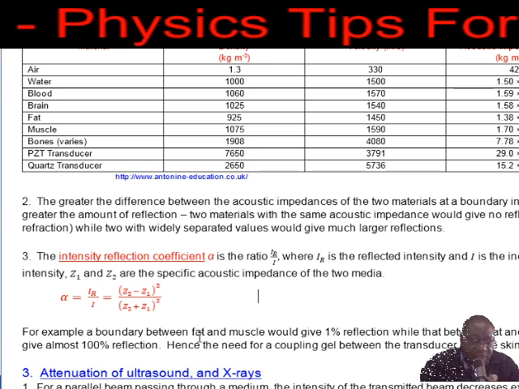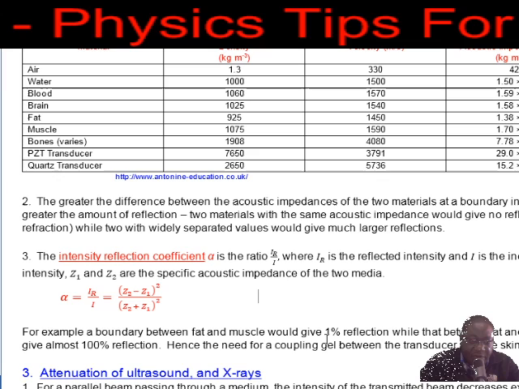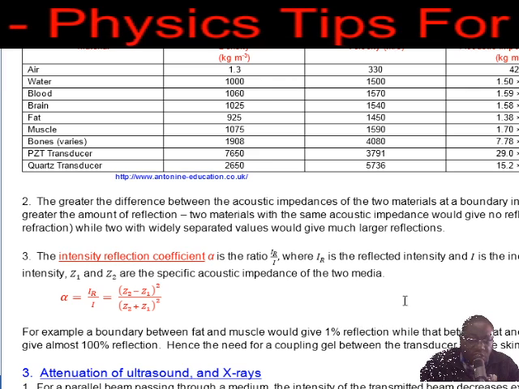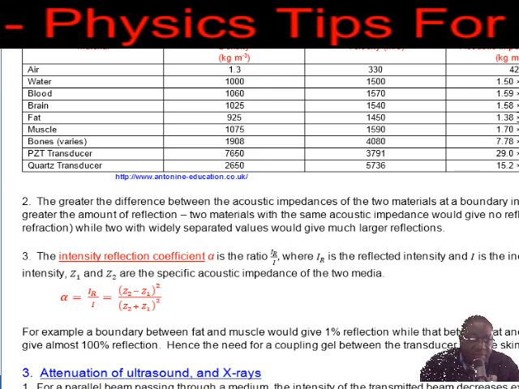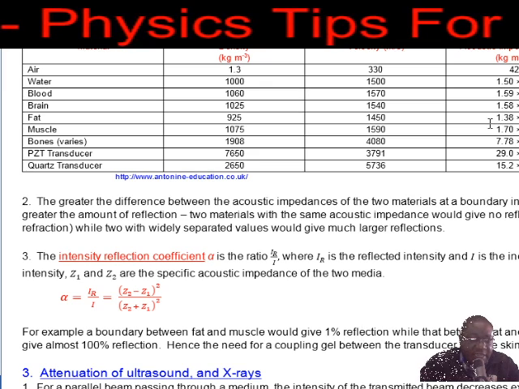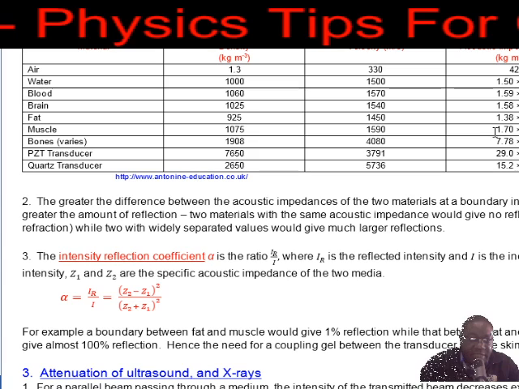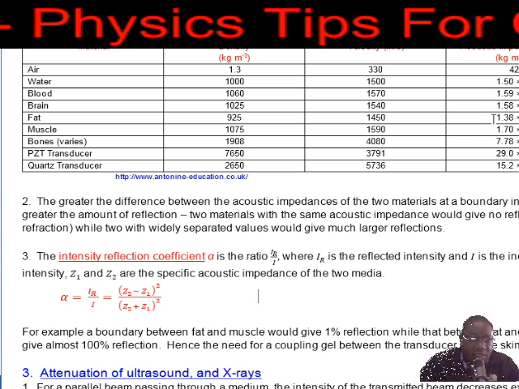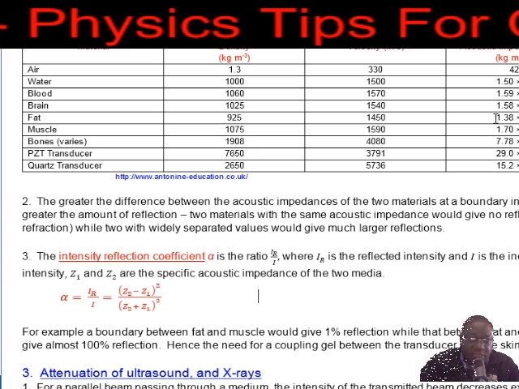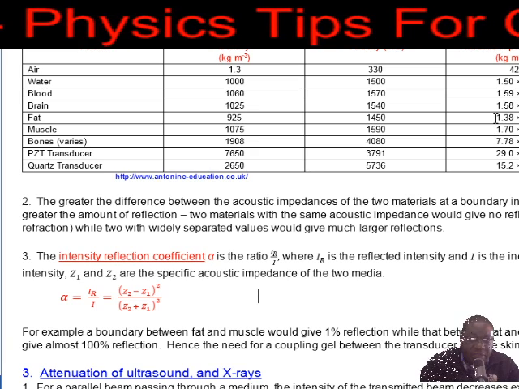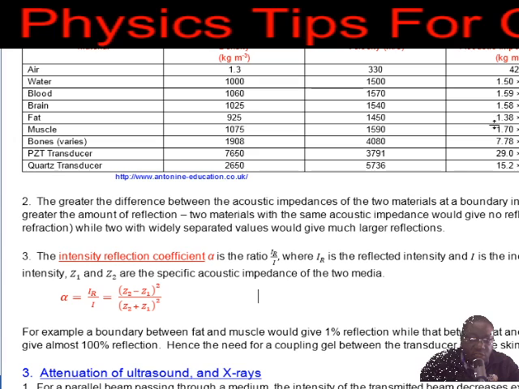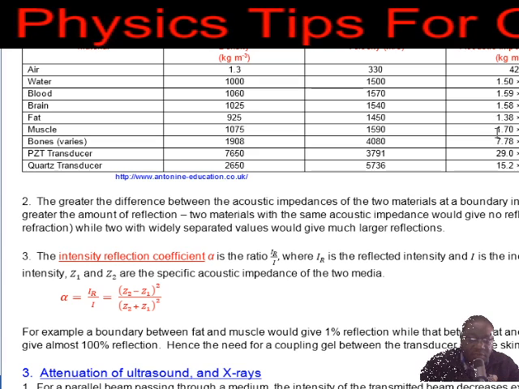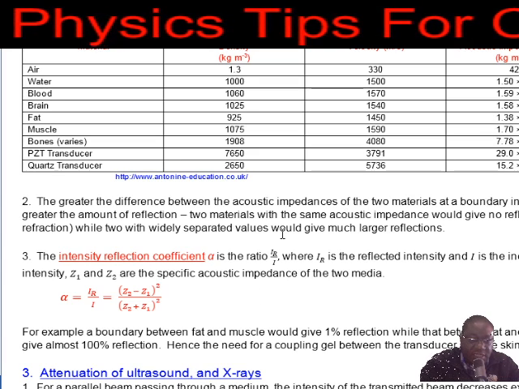For example, a boundary between fat and muscle would give 1% reflection. So there is fat here, and then that's muscle. So your Z1 would be 1.3 times 10 power 6. Z2 would be 1.70 times 10 power 6, and apply that in the equation.